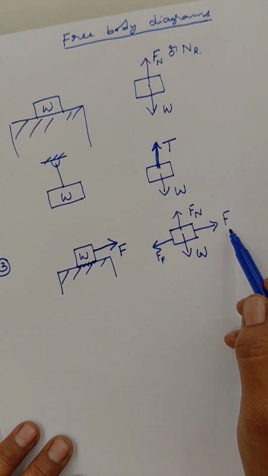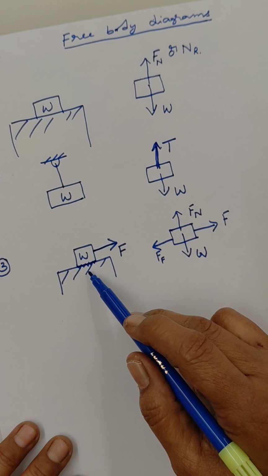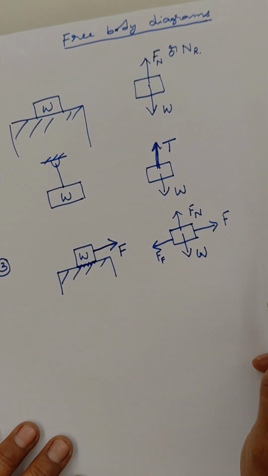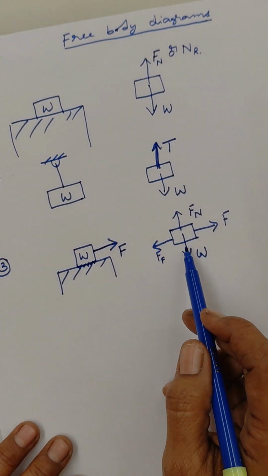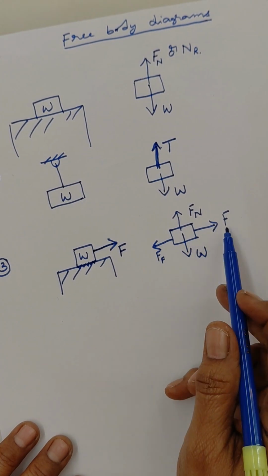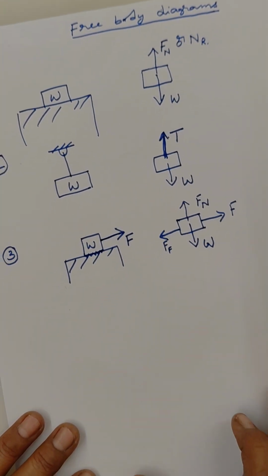One is the weight of the body, the normal reaction because of the surface on which it is resting, the force that is trying to pull this block in the right side direction, and the one which is opposing the movement of this block, the frictional force.